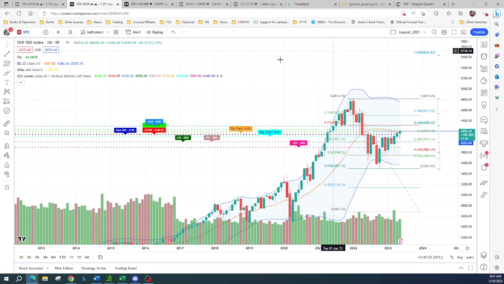So we have a 61.8 that matches with my 23.6% downtrend projection at 4,309, between 4,309 and 4,312. A lot of people are looking for this target. Another Fibonacci level, if you break the 4,300 level, is 4,531.